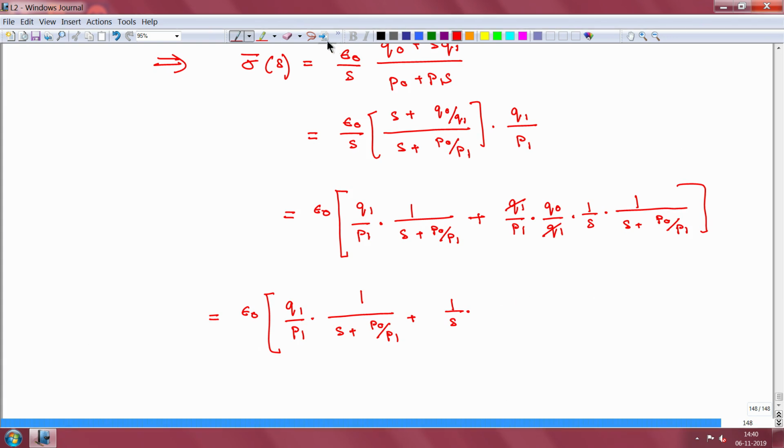So, what we will do is this part we are going to write it as two other functions, q naught by q 1 into p naught by p 1 by s.